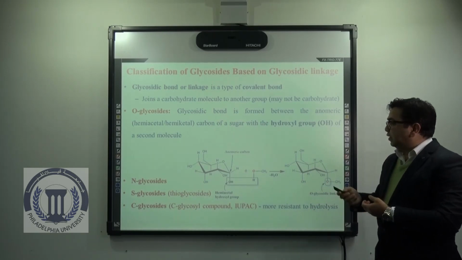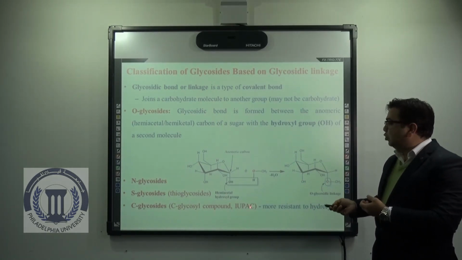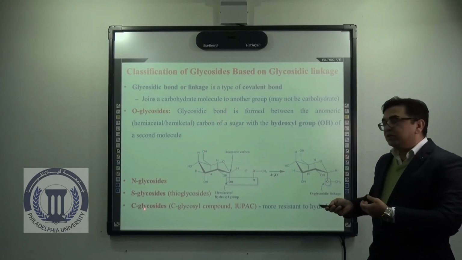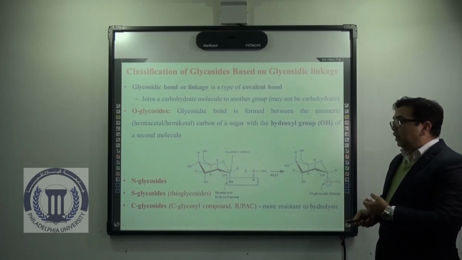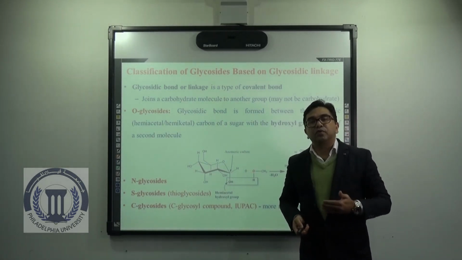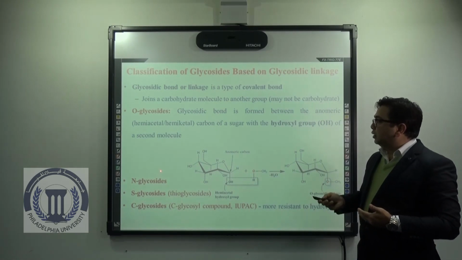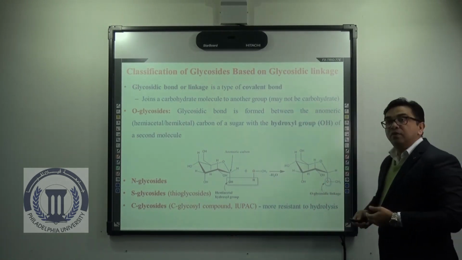We call them C-glycoside, but I would like to mention here that in IUPAC nomenclature, rather than C-glycoside, they prefer to call it a C-glycosyl compound. Another note I would like to add here: all the glycosides are susceptible to various enzymes, but compared to all other glycosides, C-glycosides are found to be more resistant to hydrolysis.